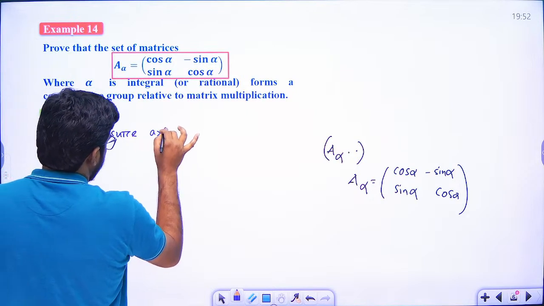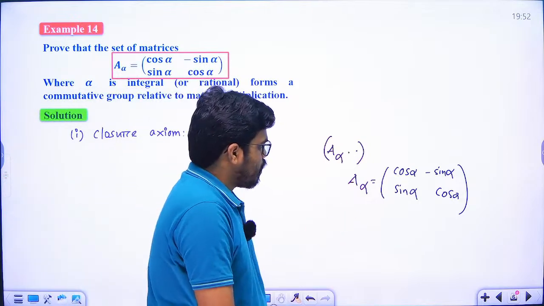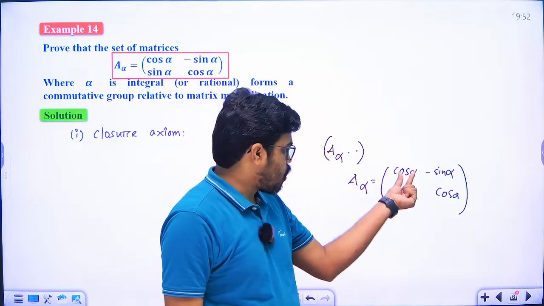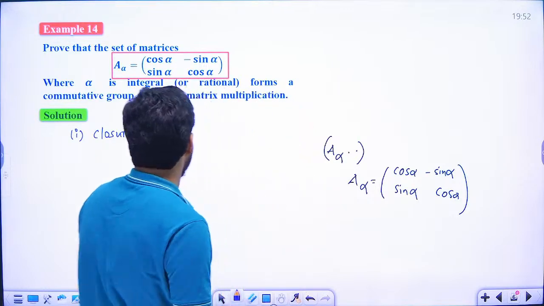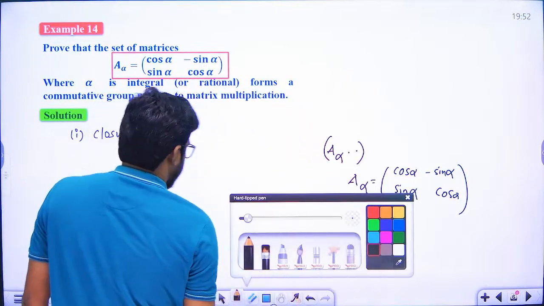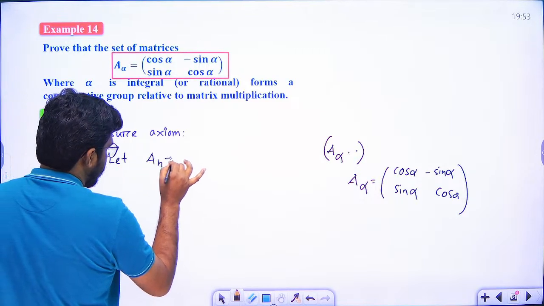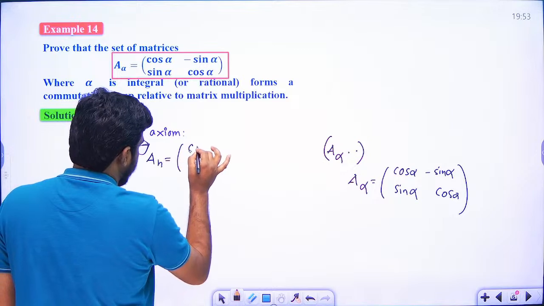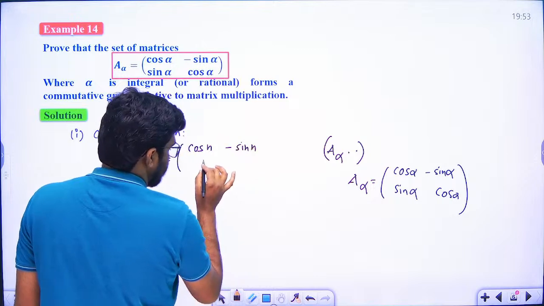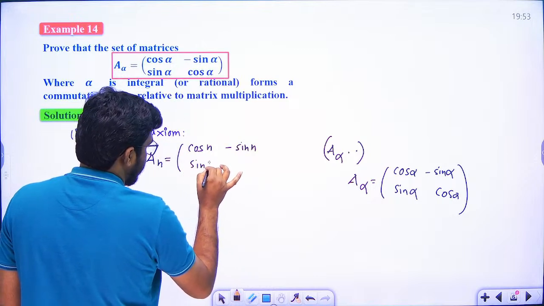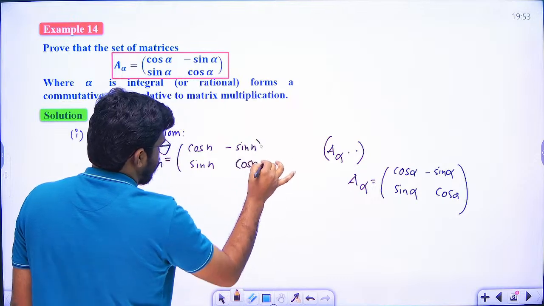Closure axiom. We consider what is the form of the matrix, cos alpha, minus sin alpha, cos alpha, right? So we consider the matrix is of the form, let A n be equal to cos n, minus sin n, sin n, cos n, right?